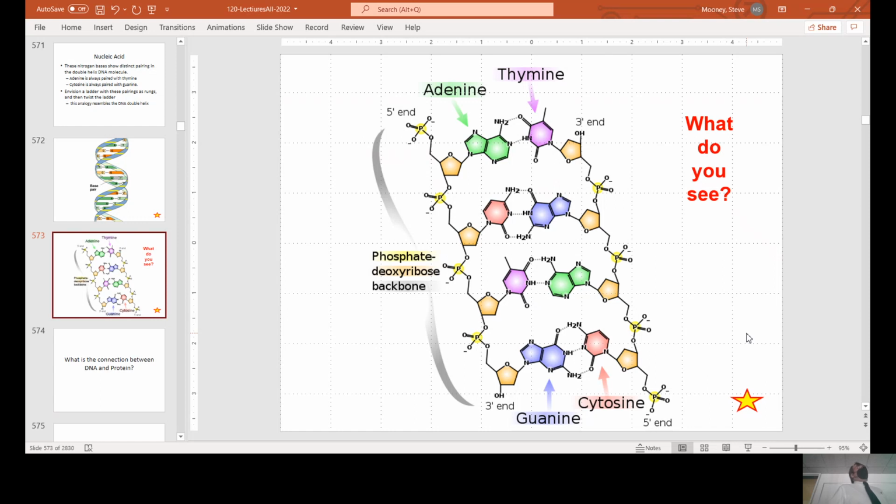Helps make sure that those pairings are constant, that our DNA is replicated over and over and over again without mistake. Or at least it's very hard to make mistakes. Everybody see that? That makes sense? The simplicity, if you think about it, is beautiful.